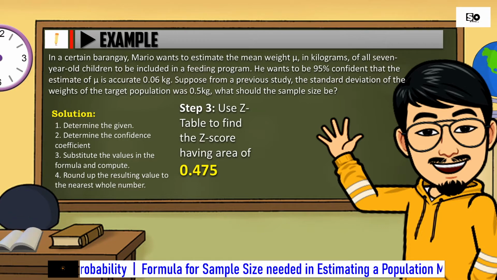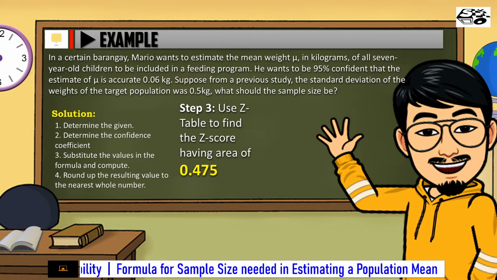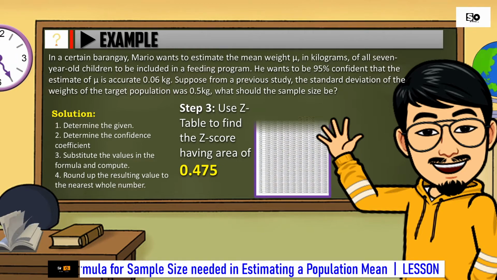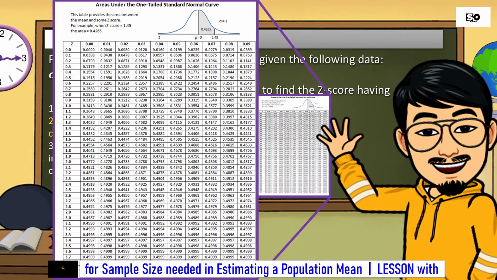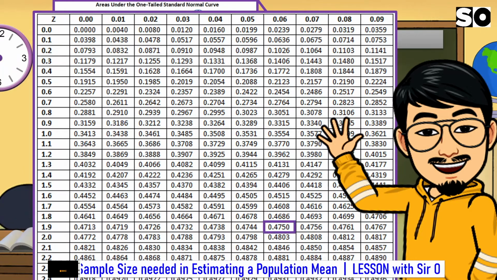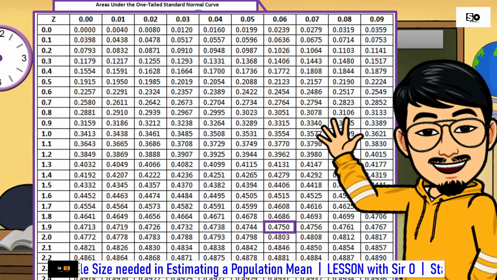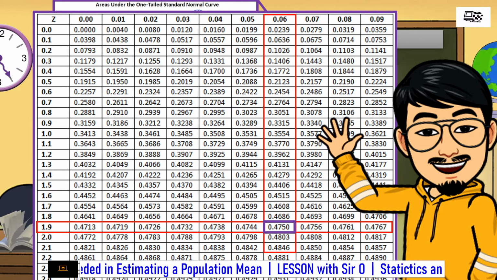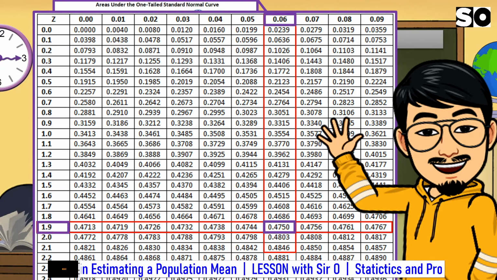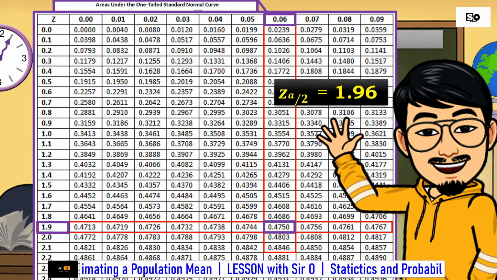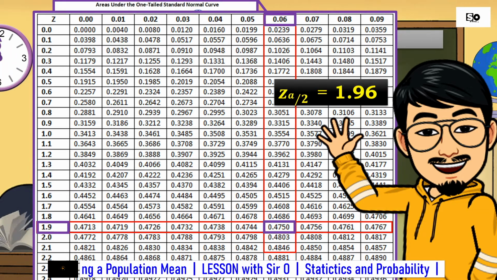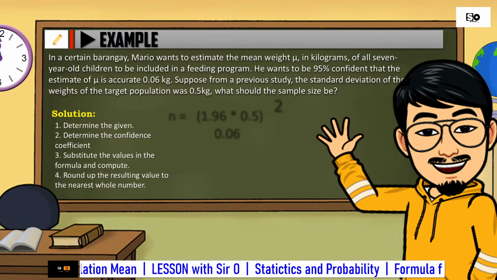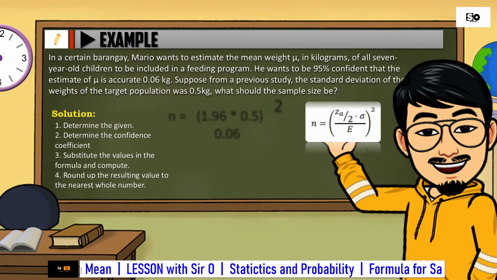Next step is to use the Z table to find the Z score having an area of 0.475. So this is the 0.475. We have 1.9 and 0.06. Therefore, our Z score is equal to 1.96. Now, substitute the values in the formula and compute.